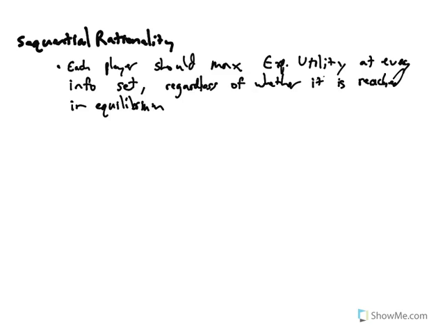So the basic idea is that we're going to require that decision makers at every information set make rational decisions at that information set. And so not only the information sets that are along the equilibrium path of play, but other information sets as well. So again, the idea is that all the players know, because of the common knowledge of rationality, that at any information set that is reached, the other player is not going to play a dominated strategy.